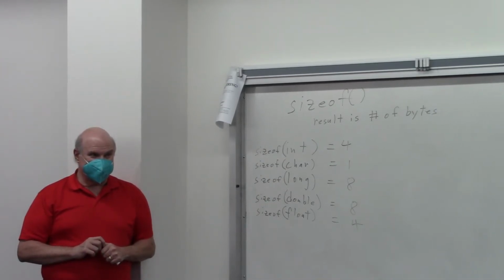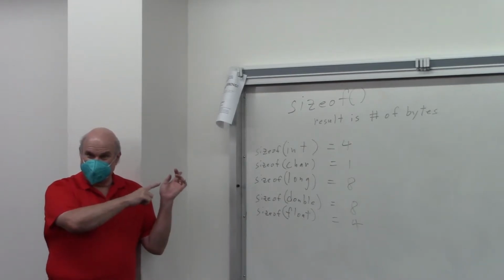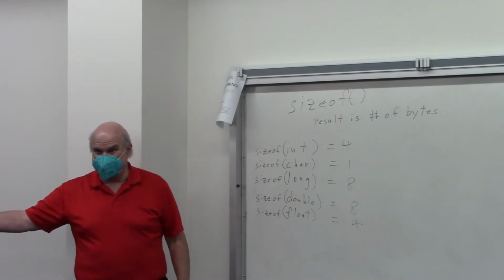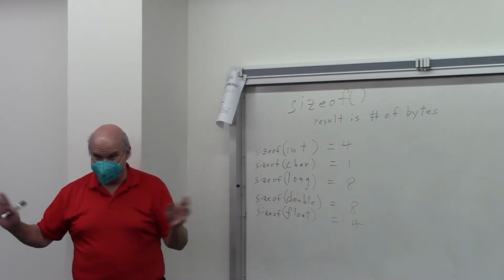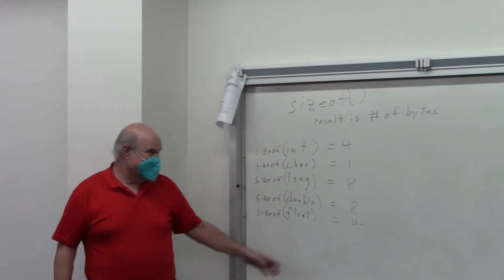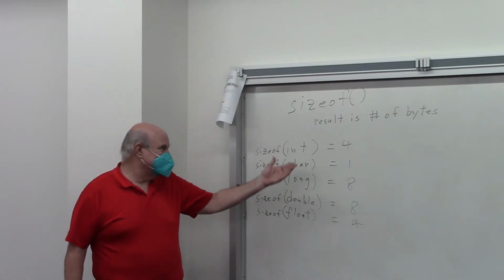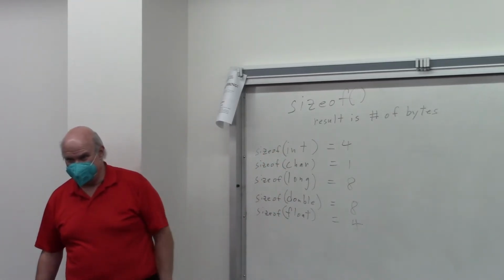In other words, let's suppose you have a 20-year-old computer. These numbers might be different. Or suppose 20 years from now, you have these tiny little computers that do gargantuan things. These numbers may be bigger. But if you write your program using this syntax, it'll all run correctly.